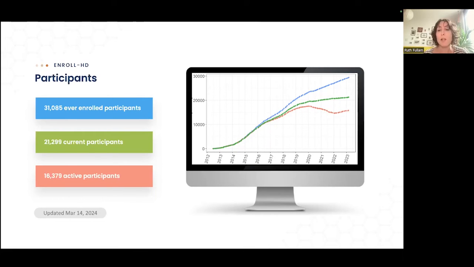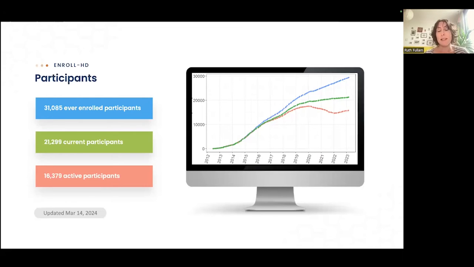Over the 11, maybe a little bit longer, 11 years that the study's been running at this current time, there have been over 31,000 participants ever enrolled, of which just over 21,000 are current participants. So these are people who have not withdrawn from the study.